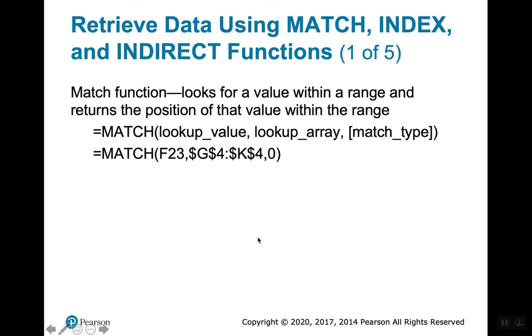So in this case, our lookup value is whatever's in F23. And what we do is we match this up through an array. And if it matches, it'll return the result.